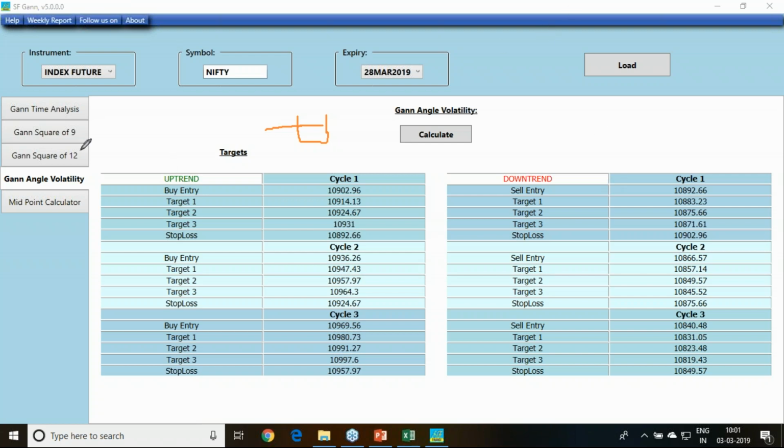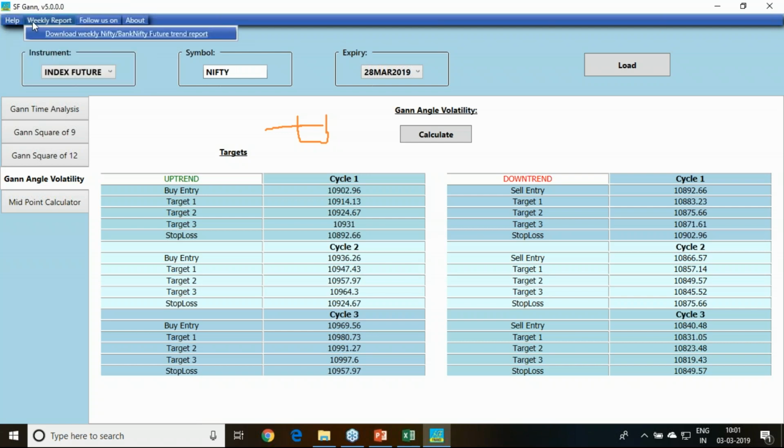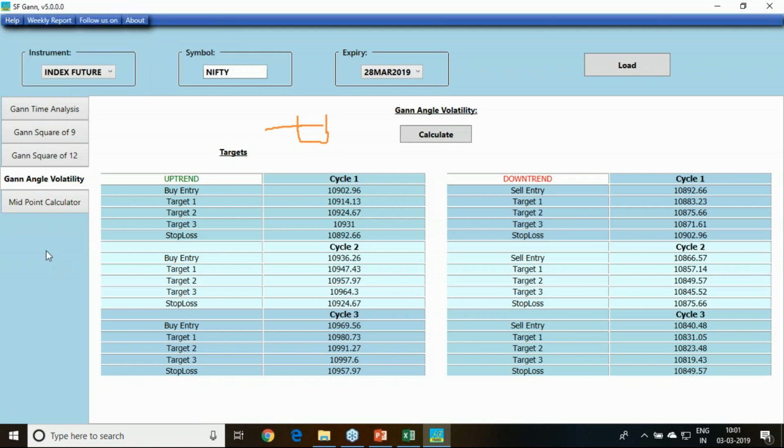And for commodities, we have not given automated addition here.